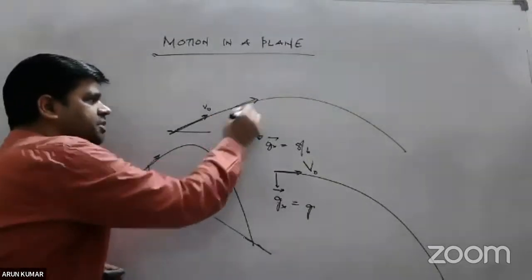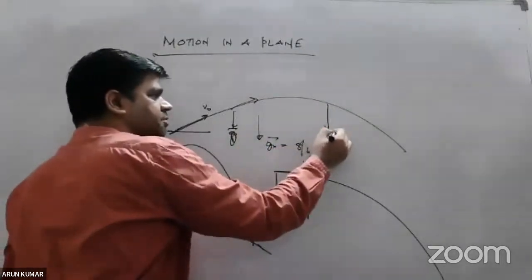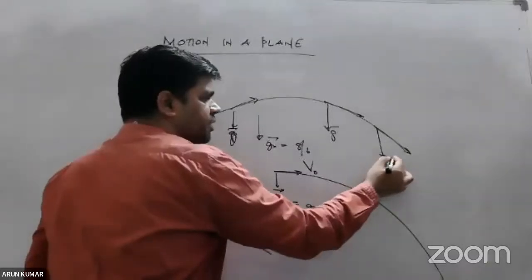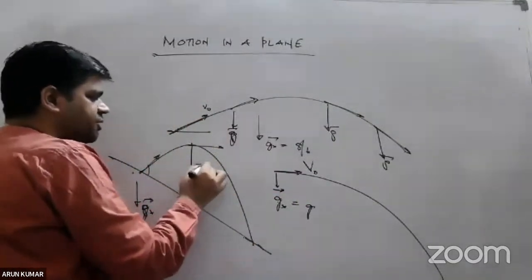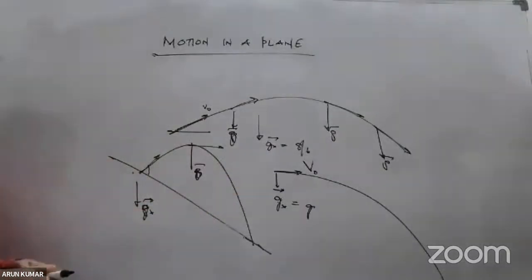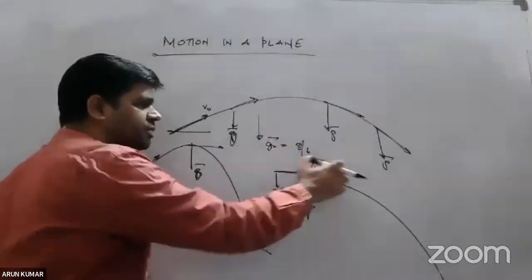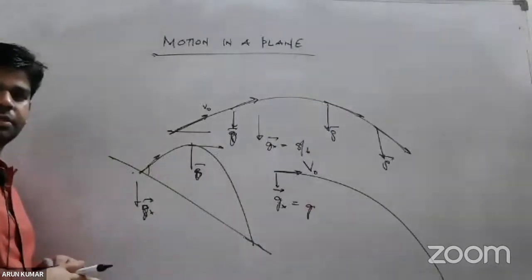No matter where the particle is, my g is downward. Even if the particle is here, my g is downward, which is the acceleration due to gravity, constant throughout. It is not that g is changing with time or with point. g is constant throughout, and that motion we are studying.